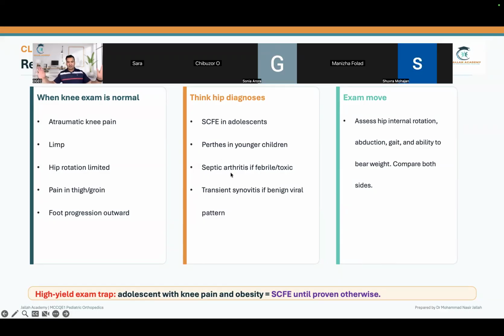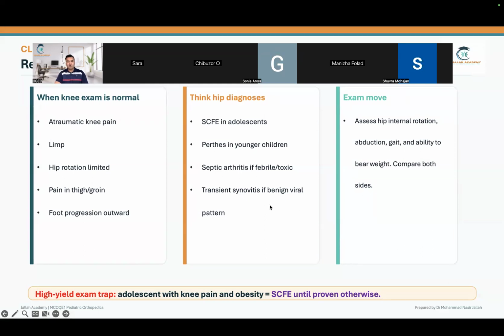Septic arthritis, any age, regardless of age: febrile, toxic, swelling, systemic signs and symptoms, monoarthritis, septic arthritis until proven otherwise. Transient synovitis, if benign viral patterns. Exam: move, assess hip internal rotation, abduction, gait, and ability to bear weight.